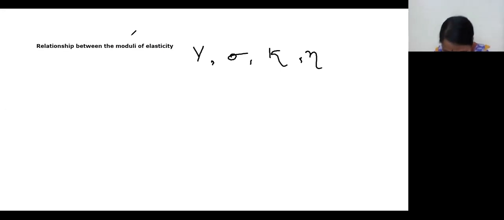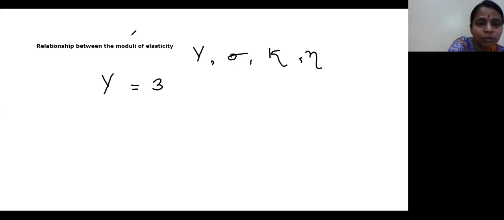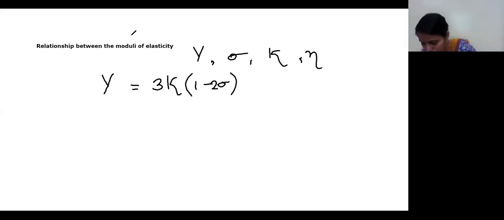As long as you define what it is, I do not have any difficulty in you giving me any alphabets. Is that clear? So Y is going to be given by 3 kappa into 1 minus 2 sigma. So this is your first relationship that I'm going to give you. Y is equal to 3 kappa into 1 minus 2 sigma.